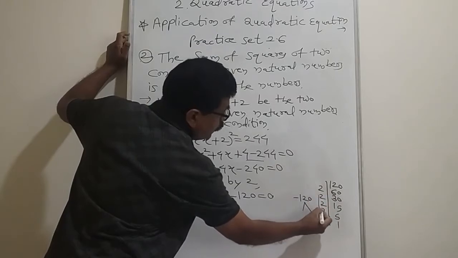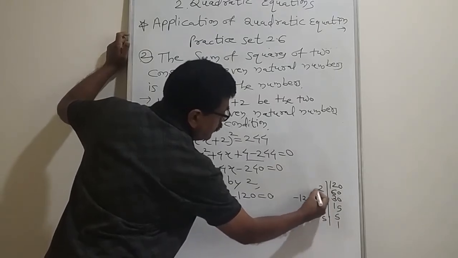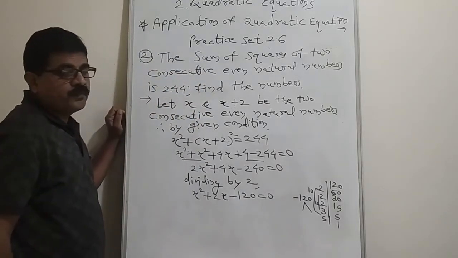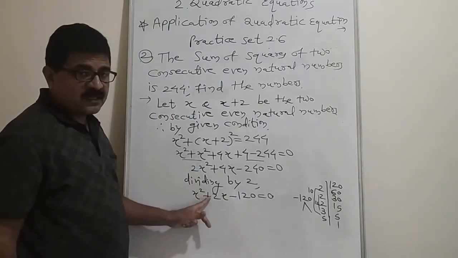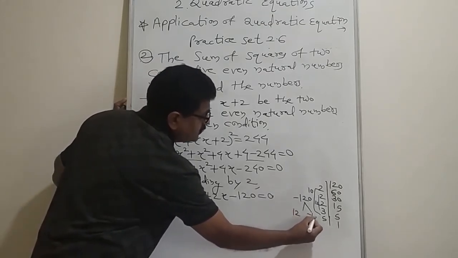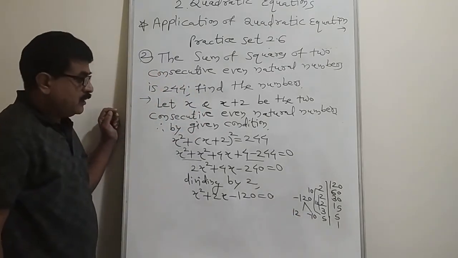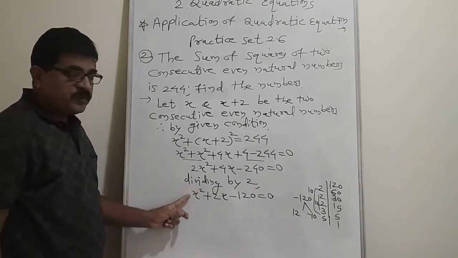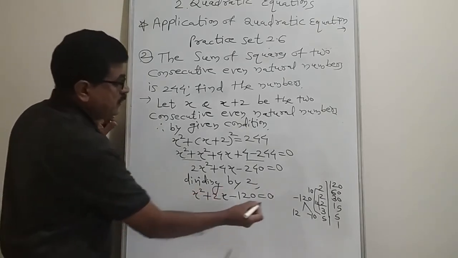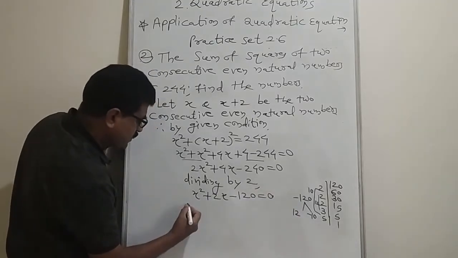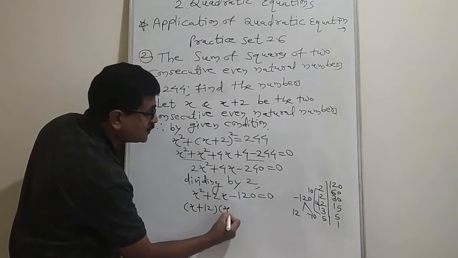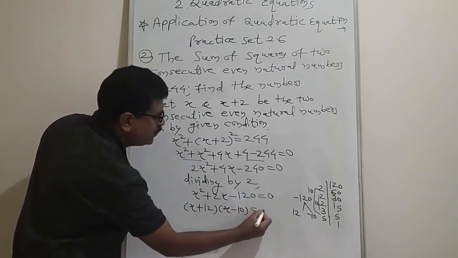That is, 2 into 2, 4 into 3, 12, and 2 into 5, 10. Here the plus term is larger, therefore take plus 12 minus 10. Now here also the coefficient of x square is 1, therefore we can write directly its factors as x plus 12 into x minus 10 equal to 0.